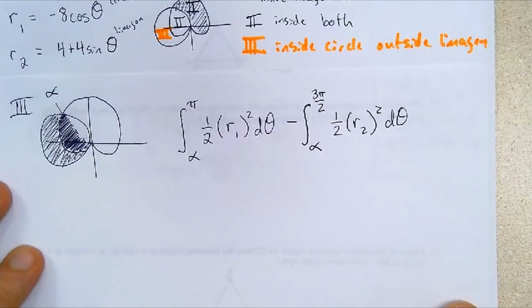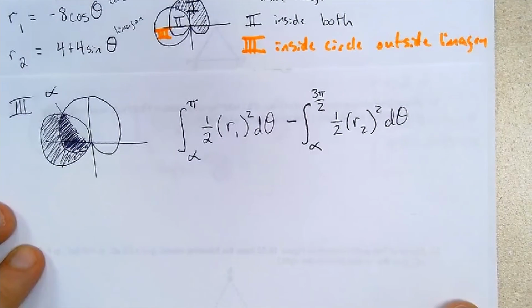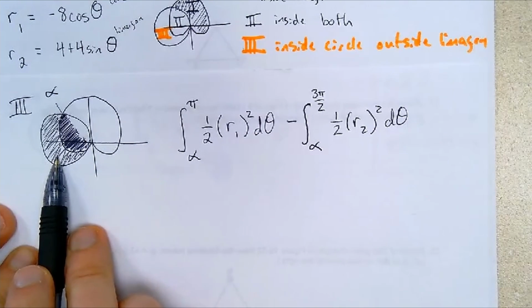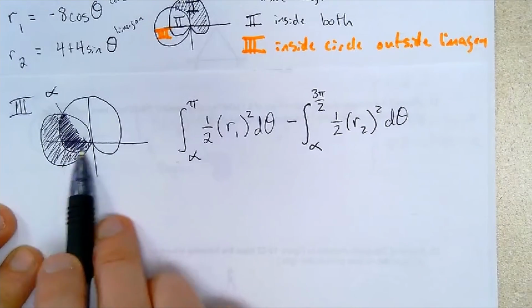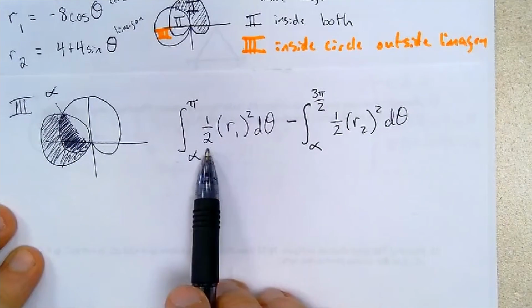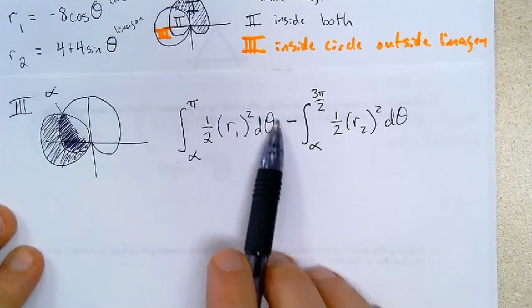So that's using solely calculus to evaluate the area. We took the circle and then subtracted out a chunk of the limaçon, or I should say a portion of the circle. We didn't do the full circle.